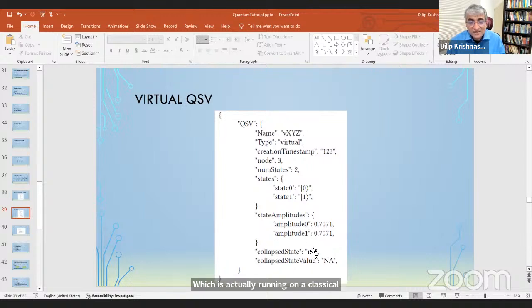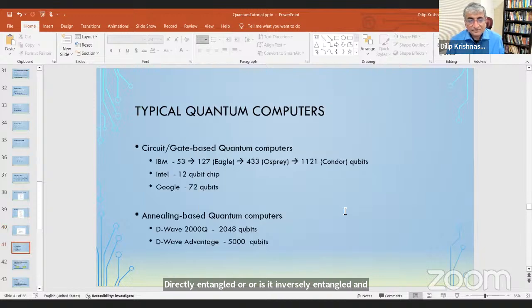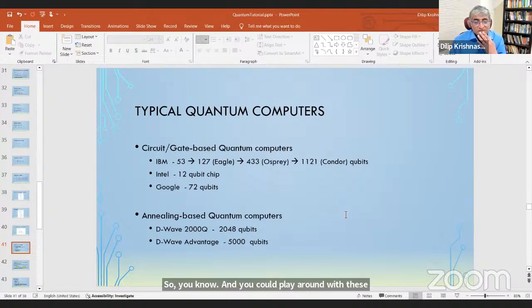In that case, you can potentially see the amplitudes. Sometimes libraries don't want to expose the amplitudes, but you could do some richer computation, as I mentioned, if you are aware of these amplitudes. And if you have something that's entangled, then you can ask whether it is directly entangled or inversely entangled, and so on. And you could play around with these variables.